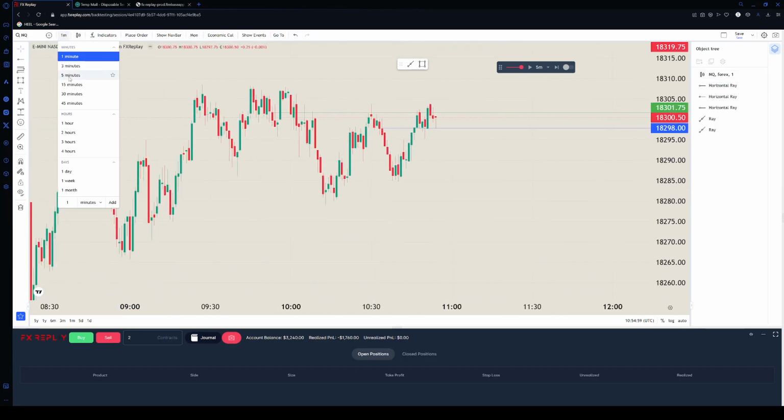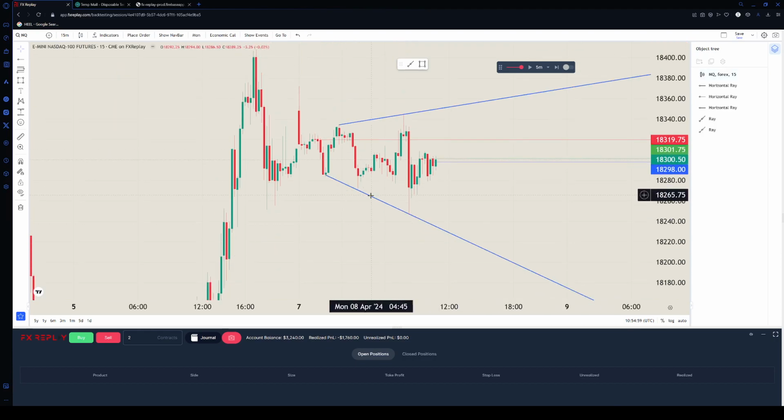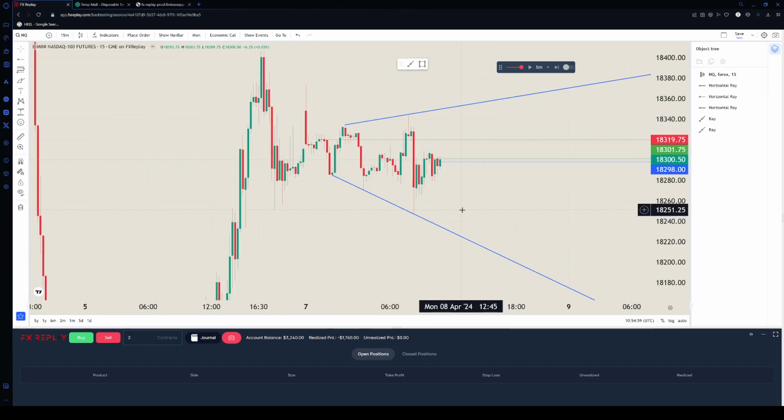Now we have our broadening formation. It just finished pivoting down here, so we should ideally have a bullish bias for it to pivot here. But what does the current structure say to me? It doesn't really speak bullish to me until it invalidates the 15-minute SIBI right here.